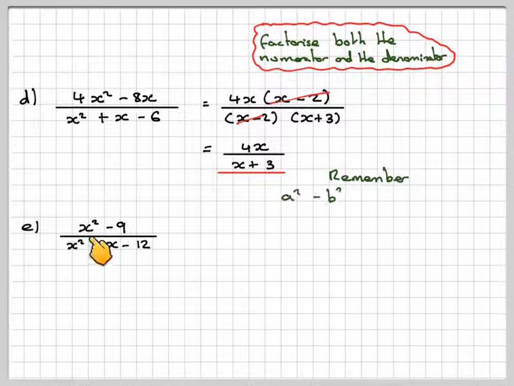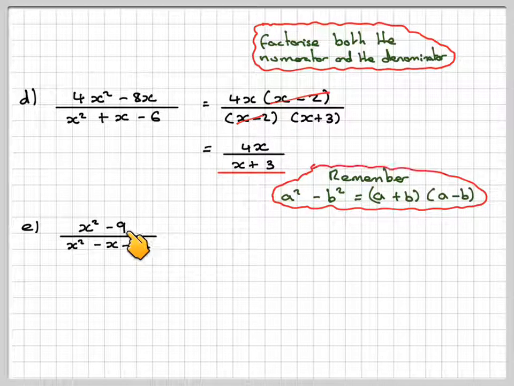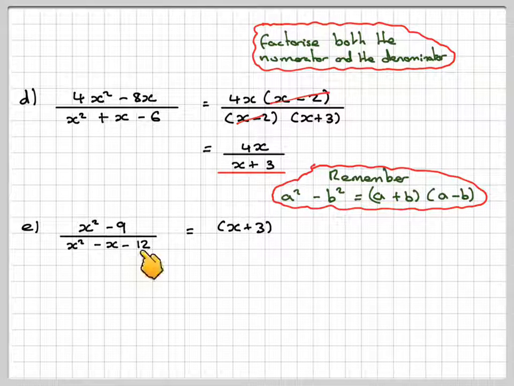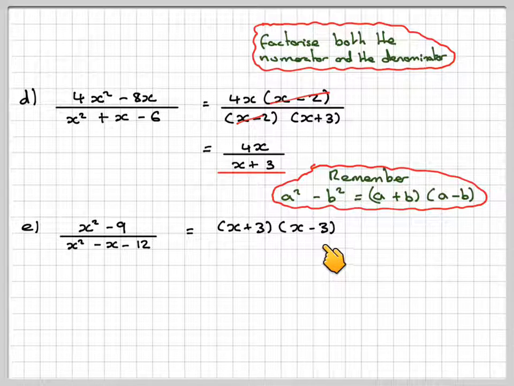Part E, you've got x squared minus 9 over x squared minus x minus 12. Now this is like the type a squared minus b squared, because these are both square numbers. So we've got a squared minus b squared is a plus b, a minus b. So this is going to be like x, and the square root of 9 is 3. So it's x plus 3, x minus 3. And now we need to factorise the bottom.